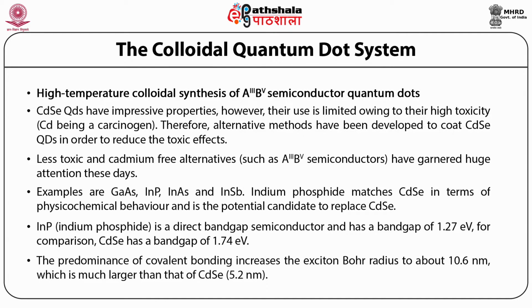The predominance of covalent bonding increases the excited Bohr radius to about 10.6 nm, which is much larger than that of cadmium selenide, which is 5.2 nm.